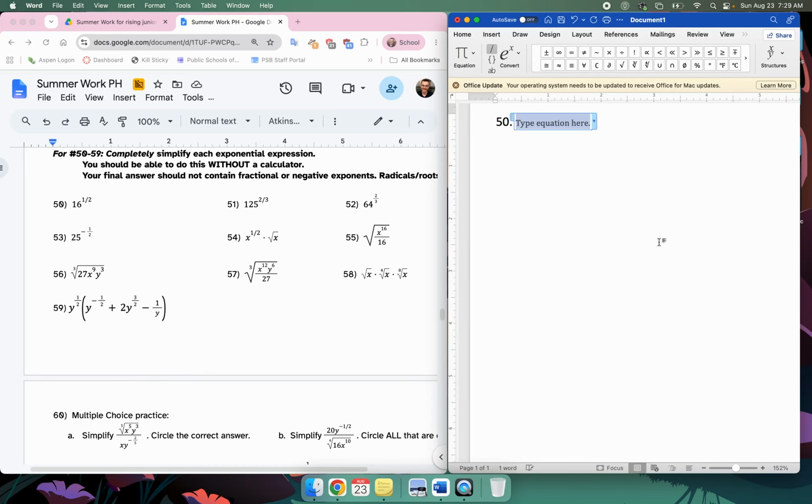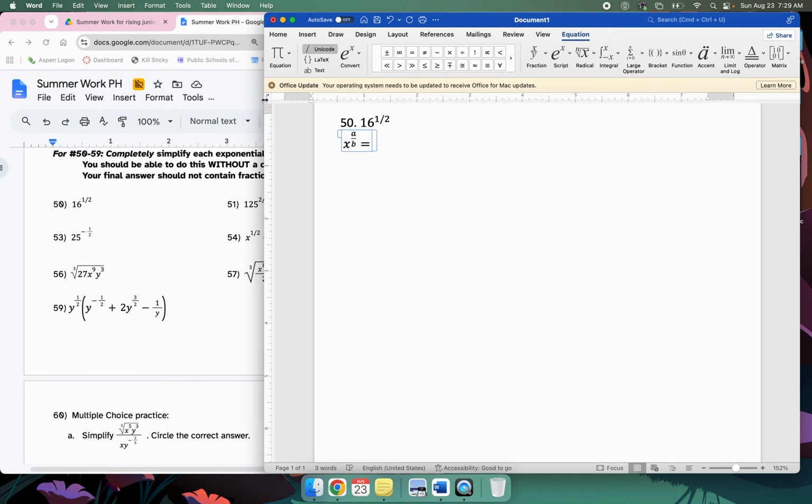So number 50, we have 16 to the 1/2. For this, you should remember the exponent rule: x to the a over b is equal to the bth root of x to the a.